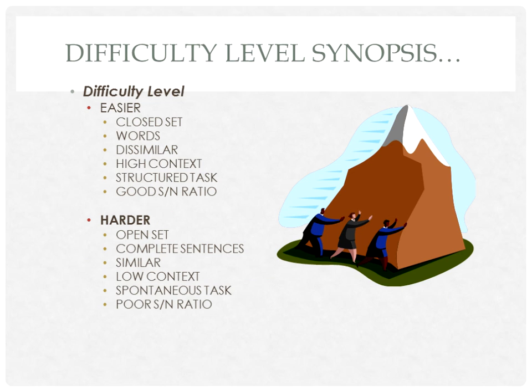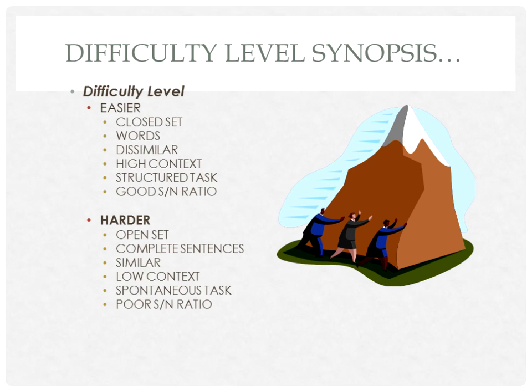Here's just a little difficulty level synopsis. Easier versus harder. So when you write a goal and objectives, you may be at the same level, you may still just be doing speech discrimination, same or different. Or you may be doing identification, what is this sound?